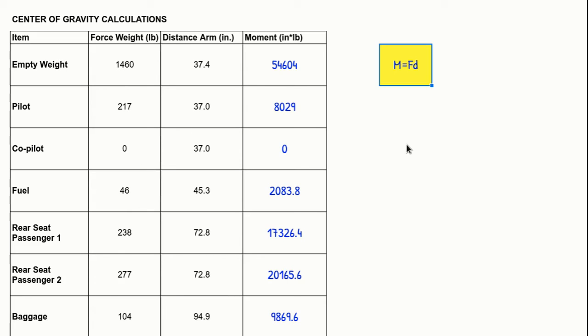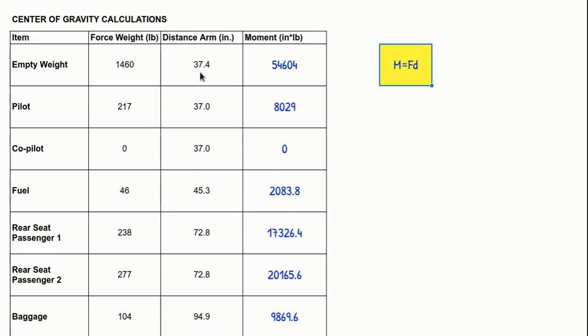So what the pilot has to do before they can take off is they have to find the moments involved here. So they would take the weight of the plane times the distance from the firewall. This is where the center of gravity should be for the empty weight of the plane. So you multiply these two numbers, and then you get 54,604.